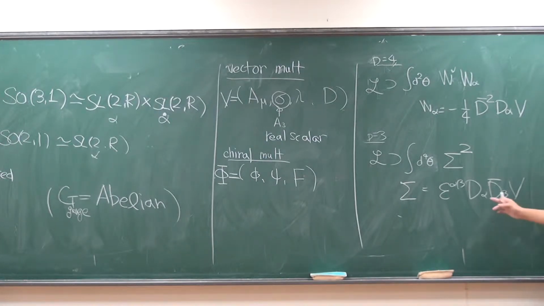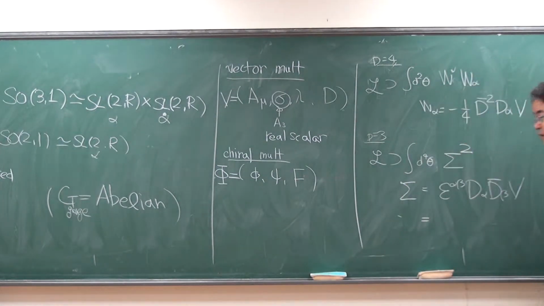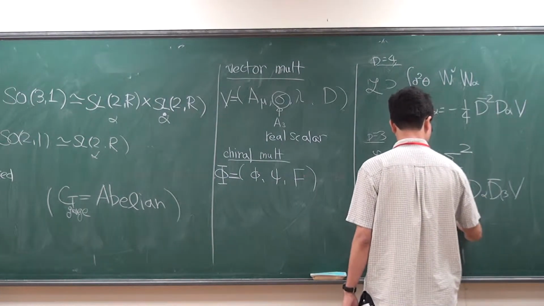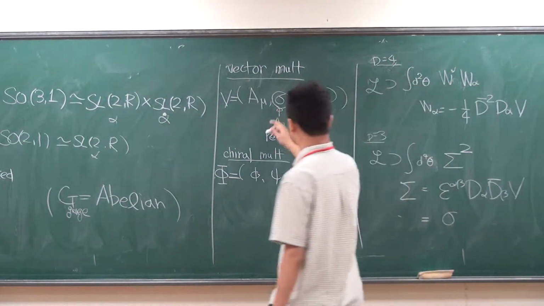Now, this is a superfield, and this superfield is actually interesting. You can do the exercise of writing this in components, and then there is a real scalar in the bottom component, which is the same as this one.